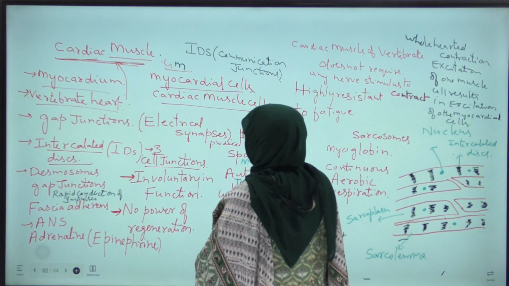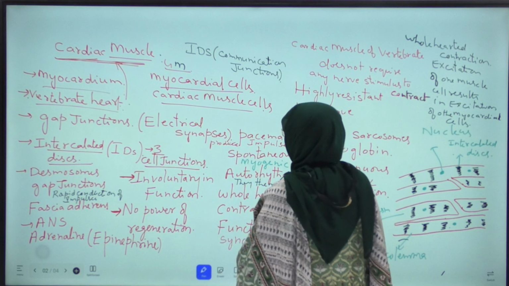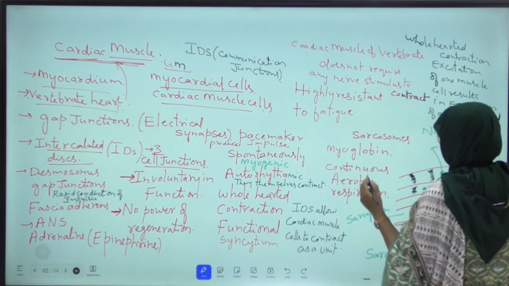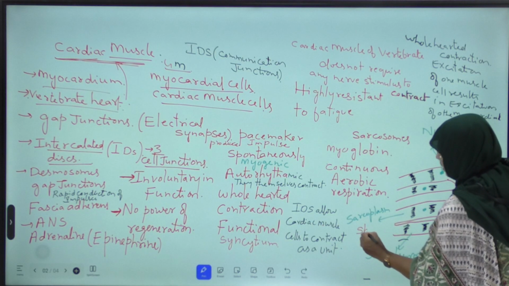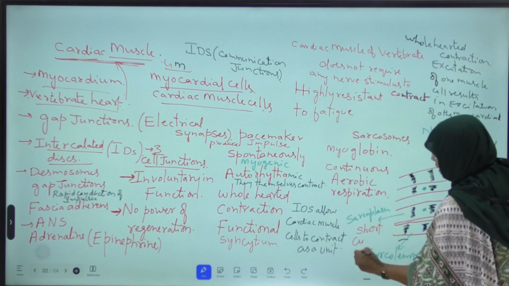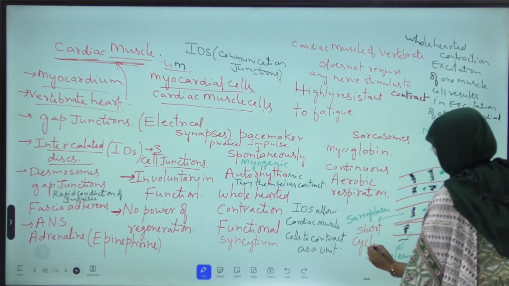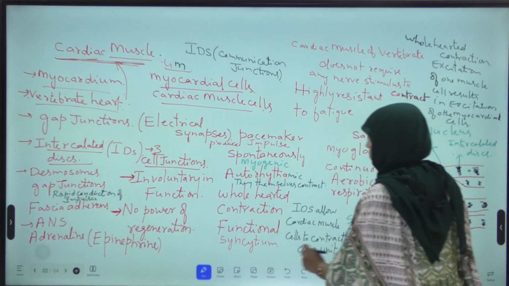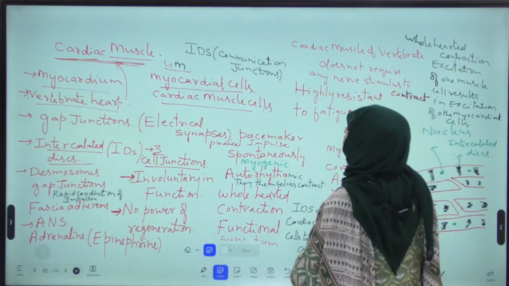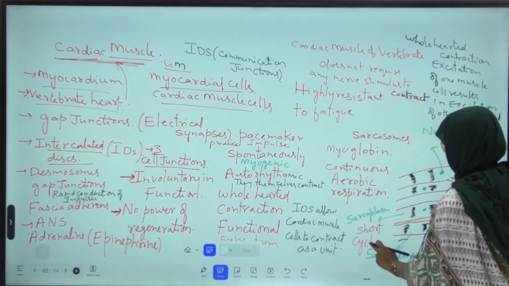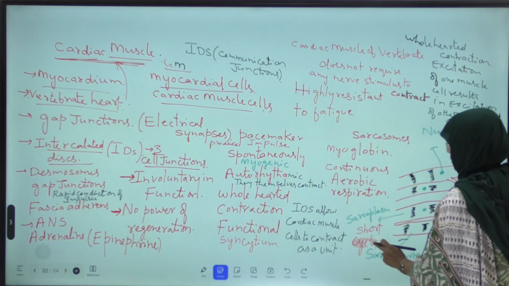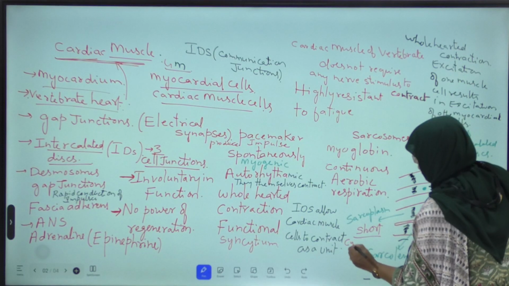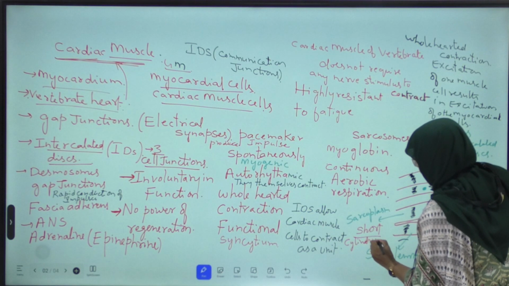The cells of the cardiac muscle are short, cylindrical and branched.